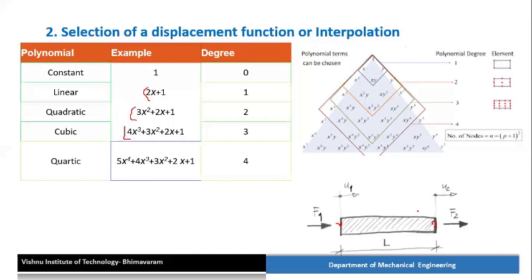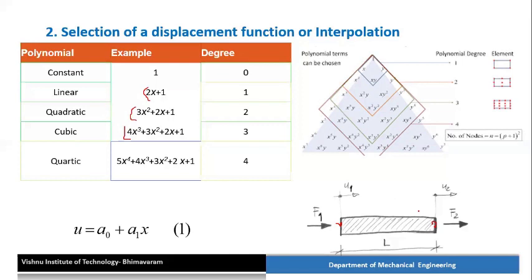The length of this element is L. In this case, because it has a two-noded element, at the same time it is a one-dimensional bar element, we may go for the polynomial equations with one dimension, means x only we will consider. u is equal to a0 plus a1 x.